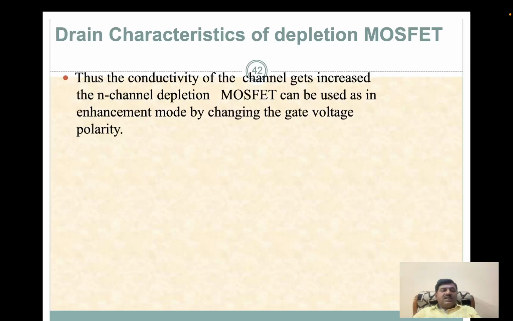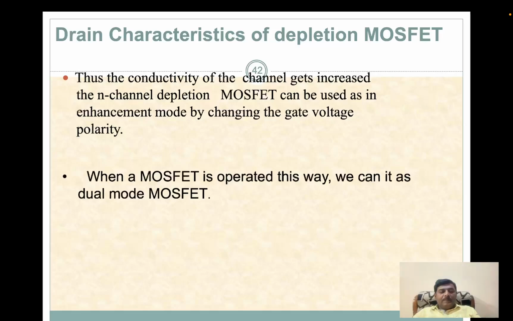Then the N channel depletion MOSFET can be used in enhancement mode by changing the gate voltage polarity. When a MOSFET is operated this way, whenever it is operated in enhancement mode or depletion mode, we call it a dual mode MOSFET.